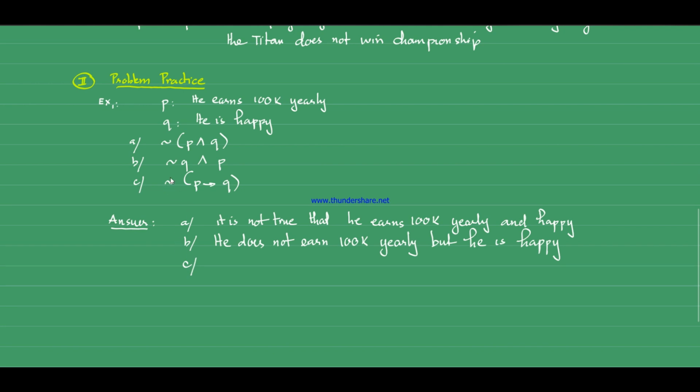So this is a negation of the whole if-then statement. Let's see how we're going to put this. It is not true that, so if we negate this, it is not true that if he earned 100,000 K yearly, then he is happy.